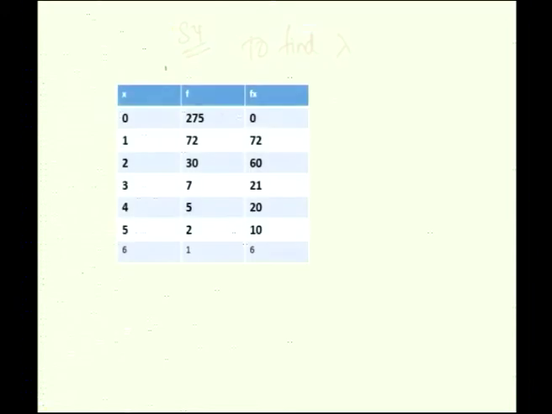Step 4 is first of all to find lambda for calculating with the Poisson distribution. Okay. This is the tabular column to find lambda, that is to find mean, is not it, lambda is mean, right. So, the x values are given 0, 1, 2, 3, 4, 5, 6 and the observed frequency values in the question are 275, 72, 30, 7, 5, 2, 1.